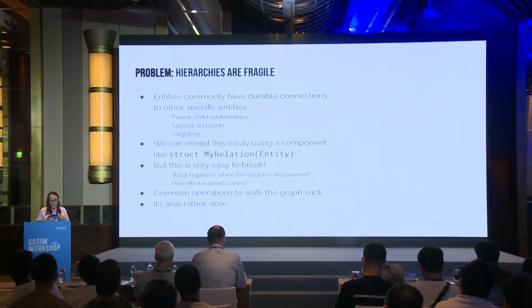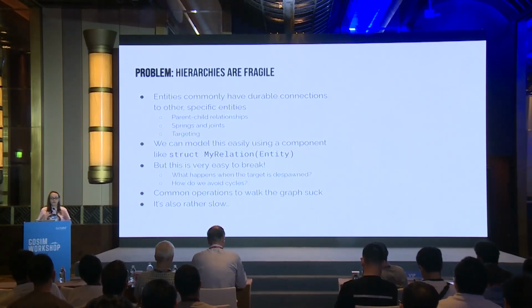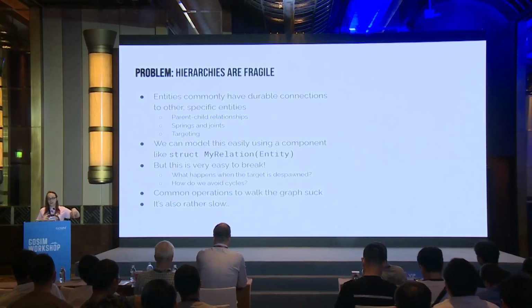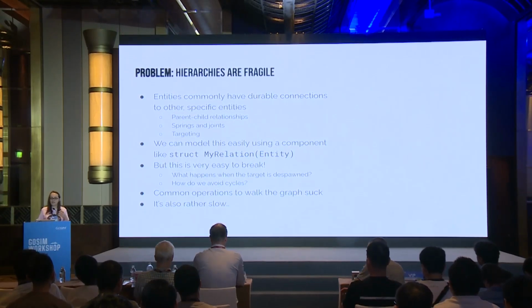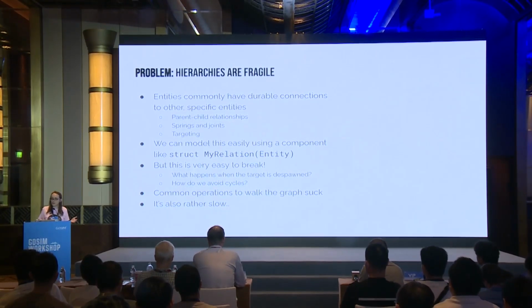But what happens if that entity is despawned? What happens if we want to make sure that all of our relations that are defined this way form an acyclic graph, or form a tree, or have this other very important consideration? Do we go and validate it every time and then panic if it breaks, or how do we do this?